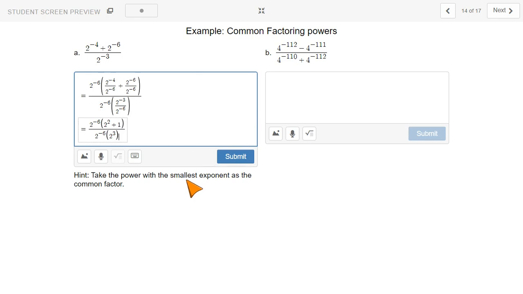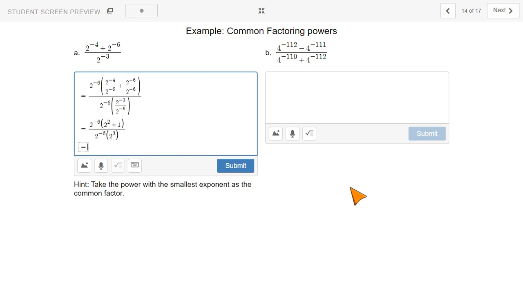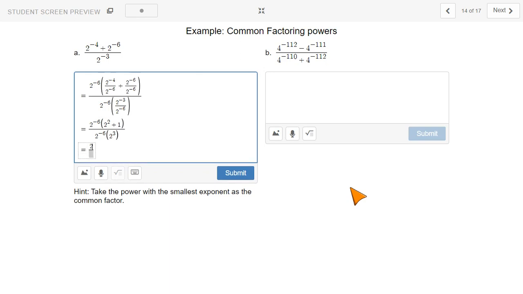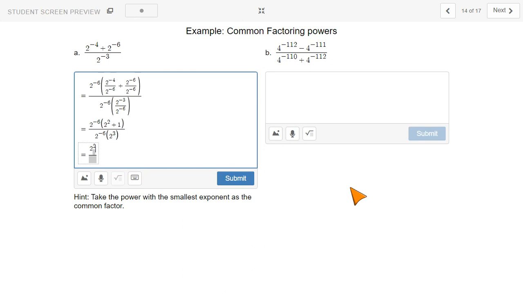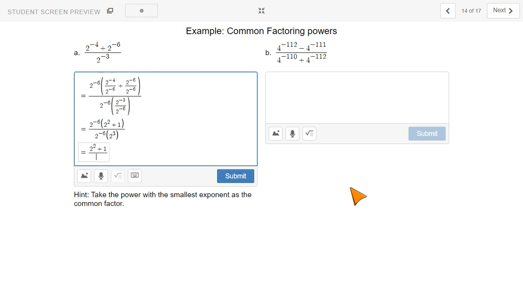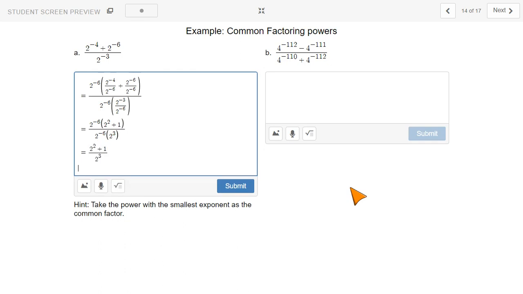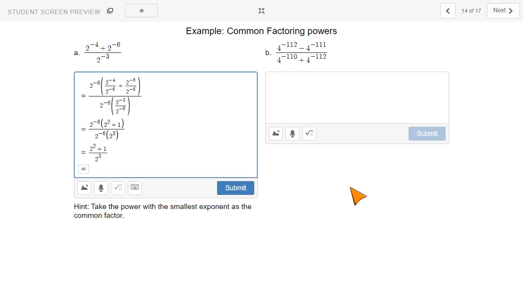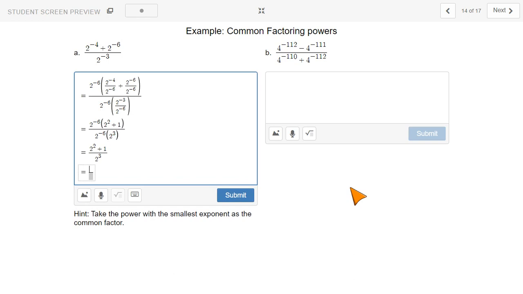So the reason I chose the smallest exponent is because since I have all these negative exponents, I'm going to make it positive, and it makes my life a lot easier now. These two divide out, and we're left with 2 to the power of 2 plus 1, and in the denominator, 2 to the power of 3. So if I expand it, I have 4 plus 1, that's 5, and a denominator of 8.